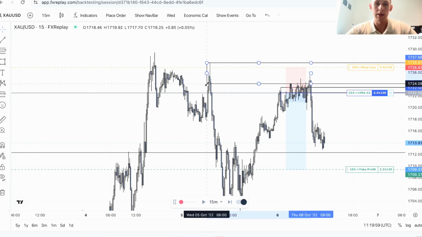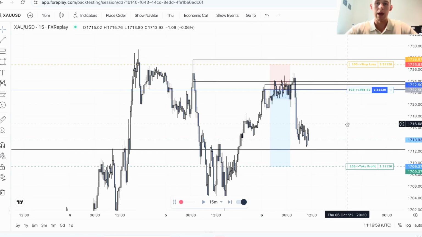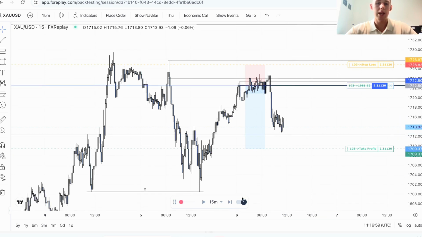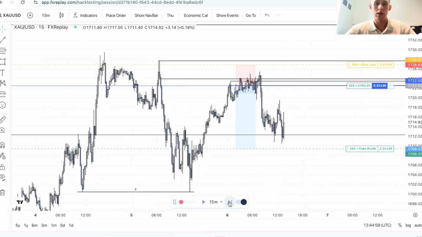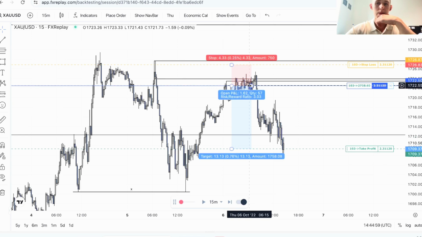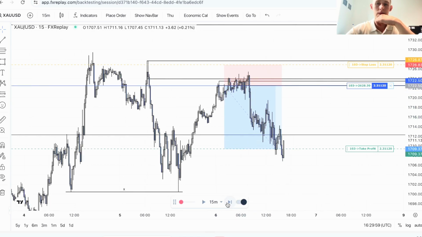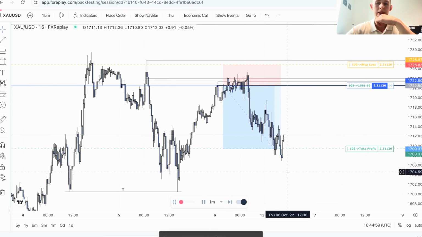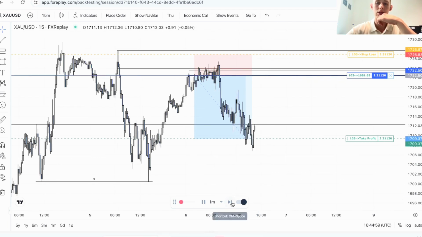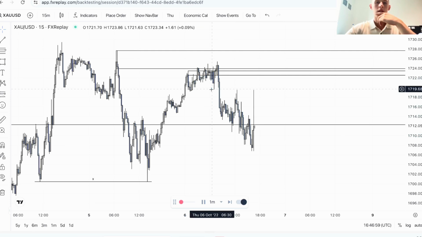We could refine it to the 15-minute supply just there as well. And because of that, we stayed in the trade and it hit the take profit. Somehow this hasn't taken us out. There we go.